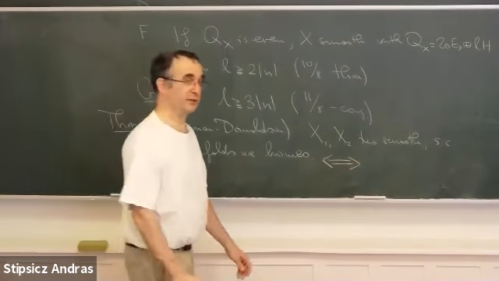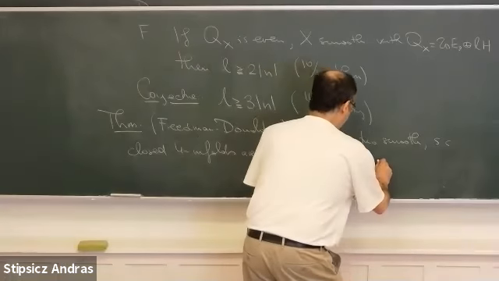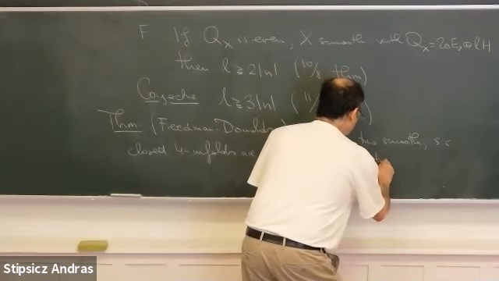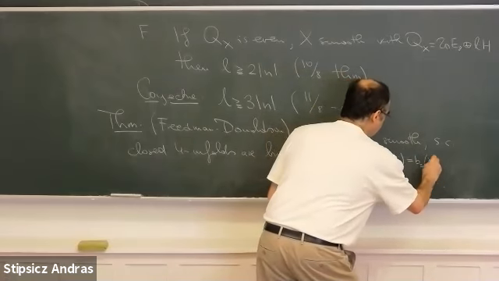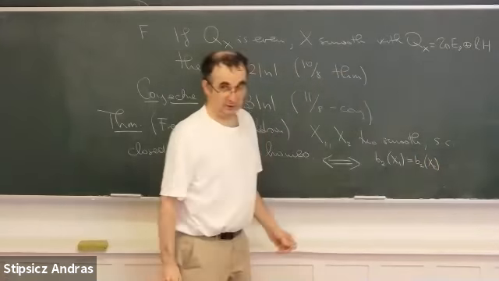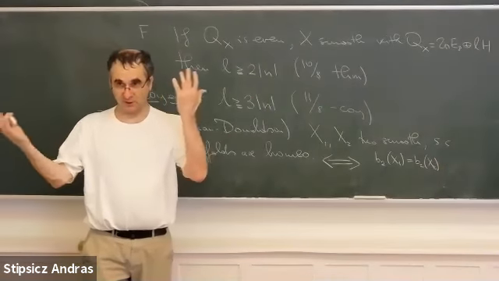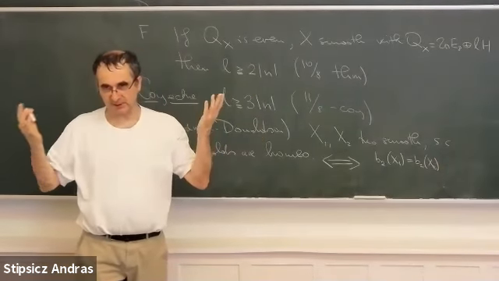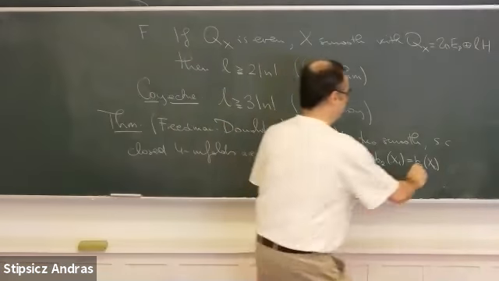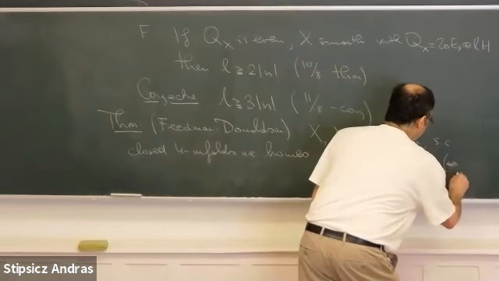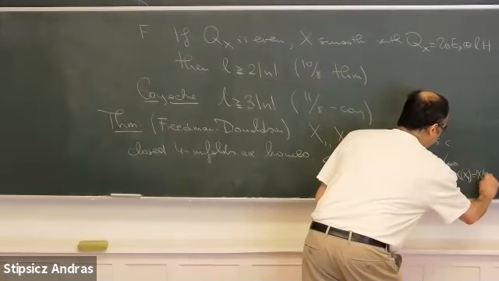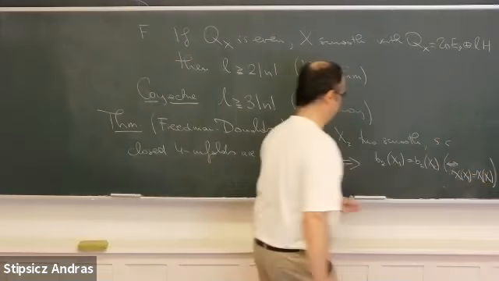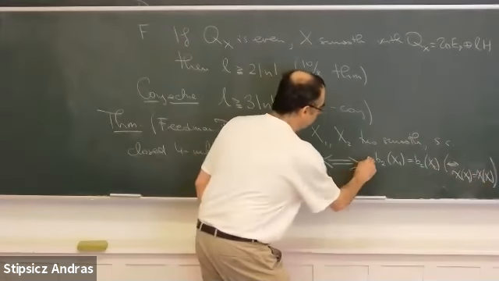we have the following three conditions: that b2 of X1 equals b2 of X2, which, since the 0th and the 4th homologies are always the same and there are no first and third, is equivalent to saying that the Euler characteristic of X1 is the same as that of X2. This is one condition.